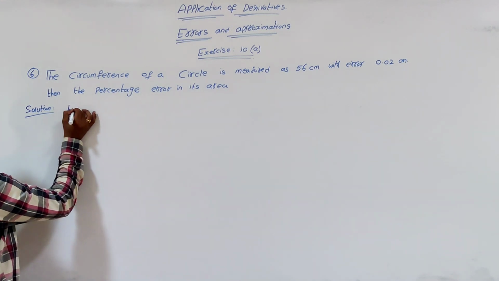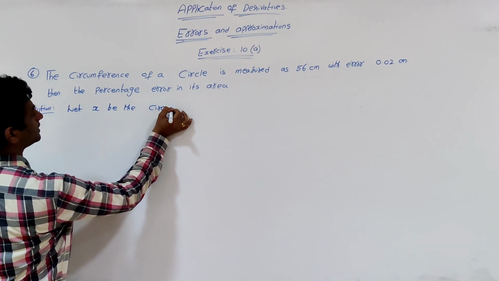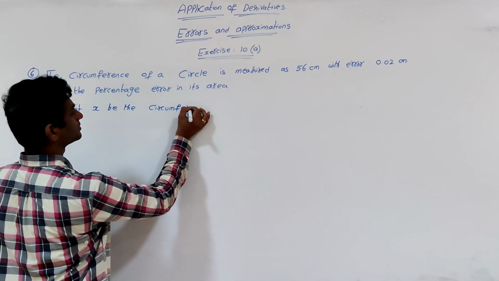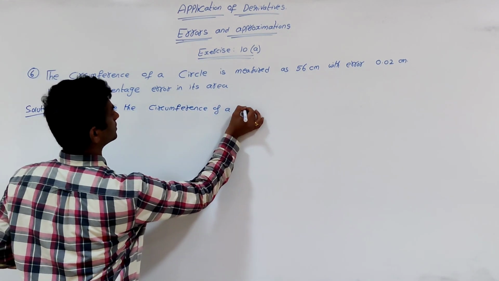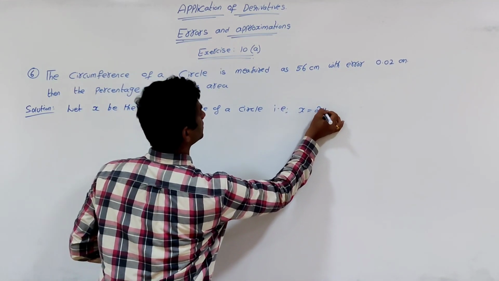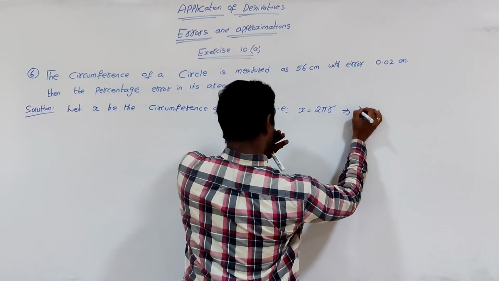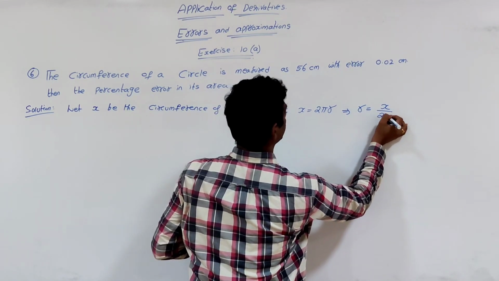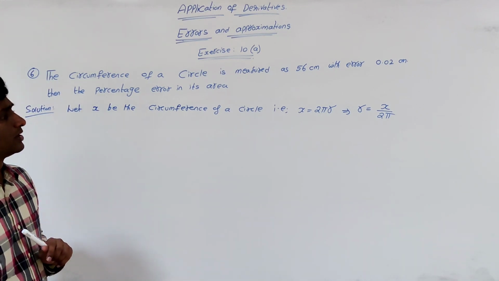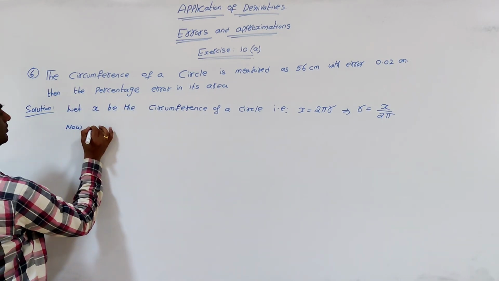So let x be the circumference of a circle. Instead of c, I am taking x. That is, x is equal to 2 pi r. The circumference of a circle is 2 pi r. So from this, what is the radius? r is equal to x by 2 pi. That is the relation between the circumference and the radius. Now he is asking about the area.